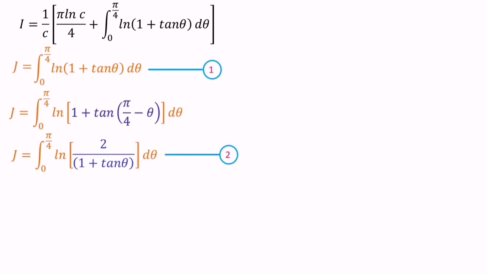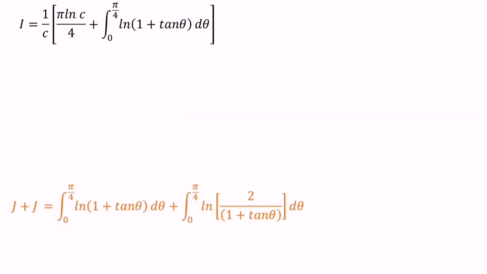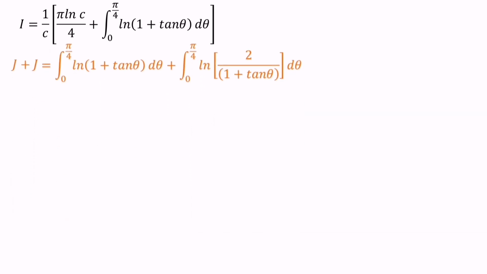After that, we can add both equation number 1 and equation number 2. Then we have on the left hand side J plus J, equals on the right hand side the integral of ln 1 plus tan theta plus the integral of ln 2 over 1 plus tan theta. We can consider a common integral, and we have ln 1 plus tan theta plus ln 2 over 1 plus tan theta.